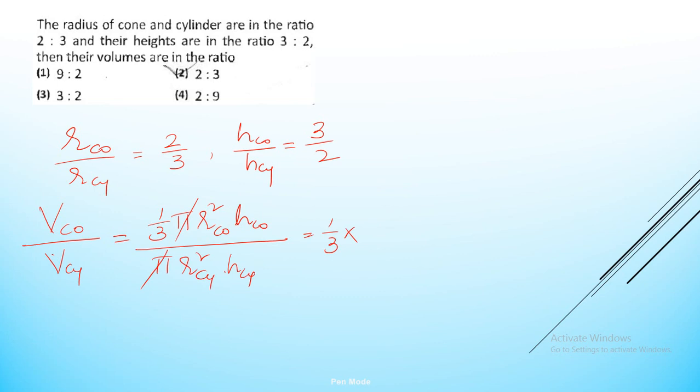So r suffix co by r suffix cy is nothing but 2 by 3 whole square, into h suffix co by h suffix cy, which is nothing but 3 by 2. So when I directly substitute, I get 1 by 3 into 4 by 9 into 3 by 2. So this 3 gets cancelled, and this 2 in 4 goes 2 times. So finally what is the answer? 2:9. So answer is option 4.